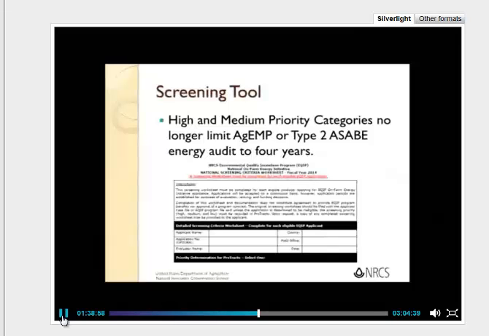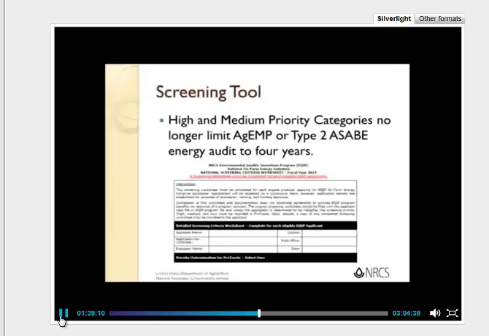This year it just says previously completed energy audit or Ag EMP, and that should eliminate any concerns we have about expiring Ag EMPs. Do try to verify that those are still current. However, we just want to make sure that the energy audit really does reflect the conditions on the farm. If not, the producer probably needs to consider an update of the energy audit.